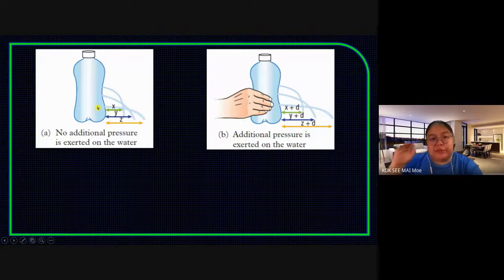Depth must be from the surface coming down. So Z is the bottom one, so Z surely has high pressure. What pressure? Water pressure. So the hole at the bottom, the water coming out must go further.